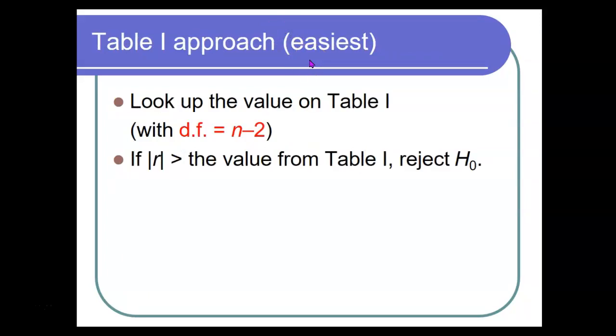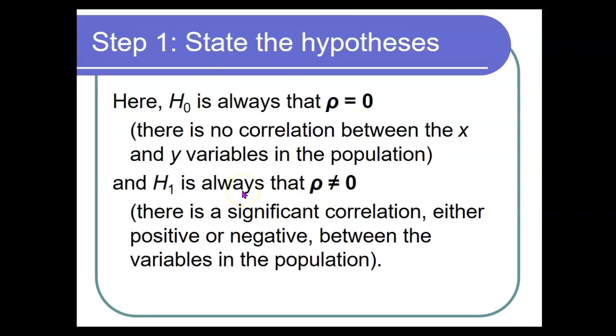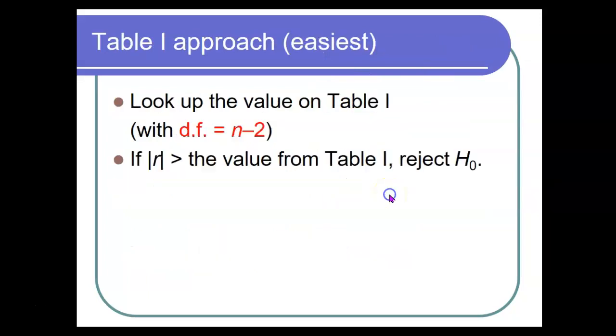Now there's different ways we could do the hypothesis testing. We could do it by going through the steps, finding a p-value, and all that good stuff. But the easiest way to do this particular kind of hypothesis testing, where you're testing that rho equals or is not equal to 0, is by using table I. This is another table that we haven't looked at yet, but it's one of the tables in the back of your book.